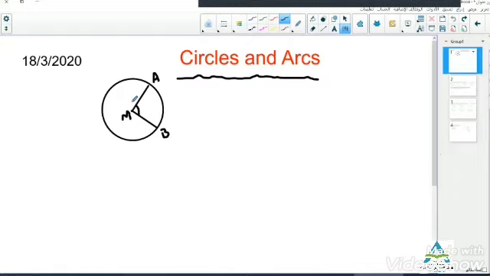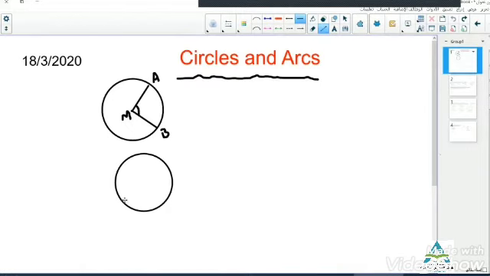So Ahmed, we have another type of angles, but it's not in our lesson, but let me show you this type. It's important too. Can you see this angle?